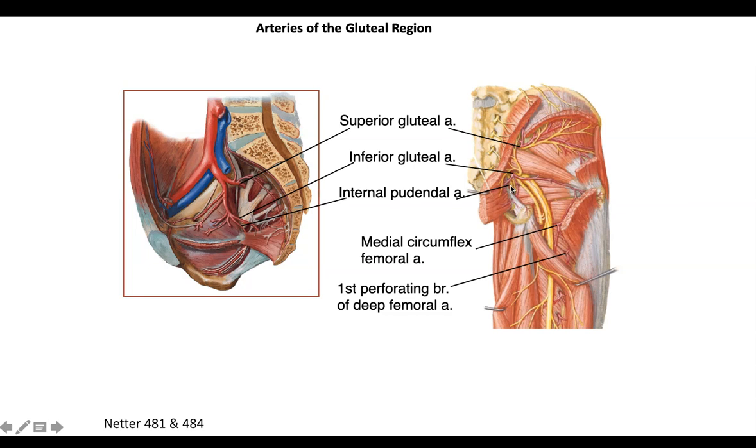It crosses over the ischial spine and the sacrospinous ligament, courses with the pudendal nerve, and then re-enters through the lesser sciatic foramen into the perineum. The internal pudendal artery doesn't supply any structures in the gluteal region. It supplies all the structures in the perineum.